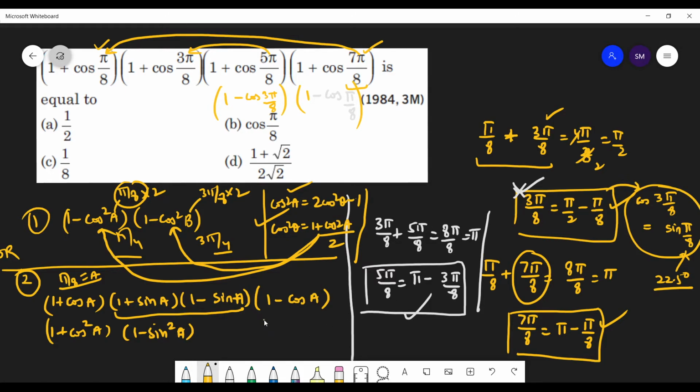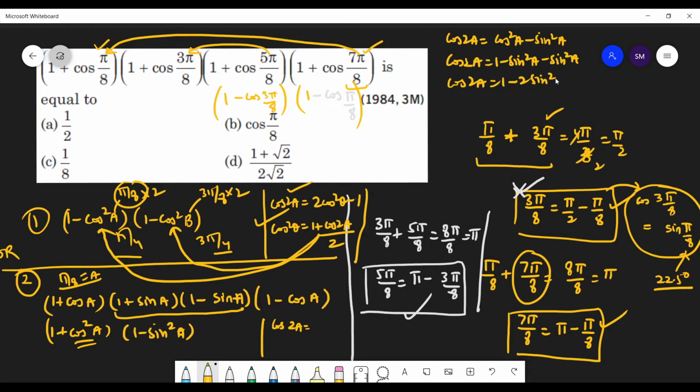So still students, when you will be using this strategy, you know the value of cos square. Now what is sine square a? Sine square a also you can write. Do you know that cos 2a is equal to cos square a minus sine square a? So if you want it in terms of sine square a, change cos square into 1 minus sine square a. So 1 minus sine square a minus sine square a. So that's cos 2a is equal to 1 minus 2 sine square a.